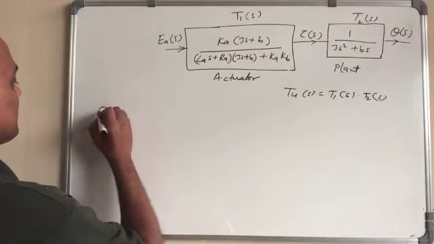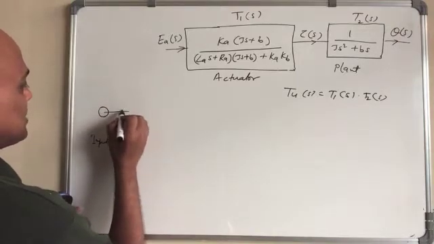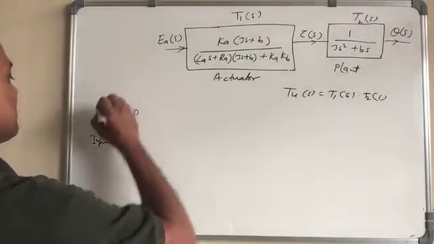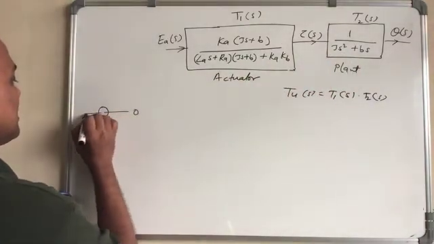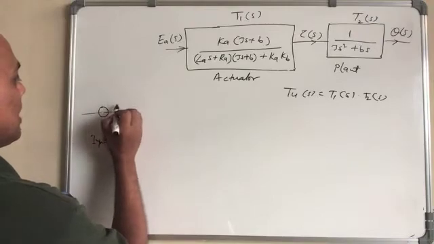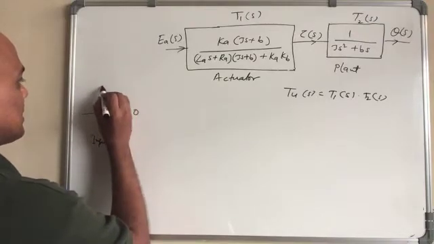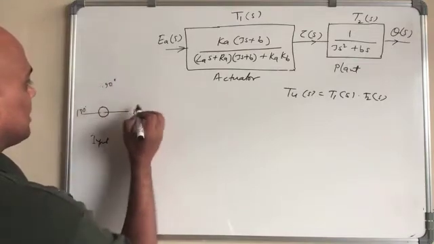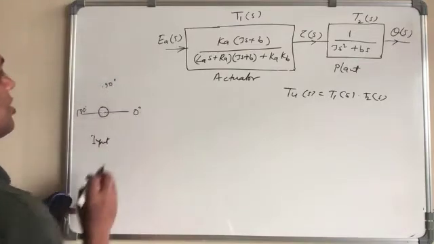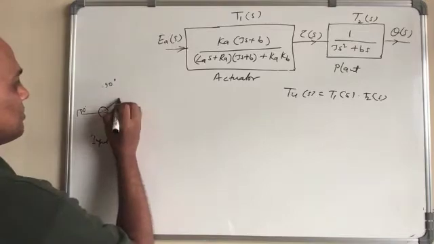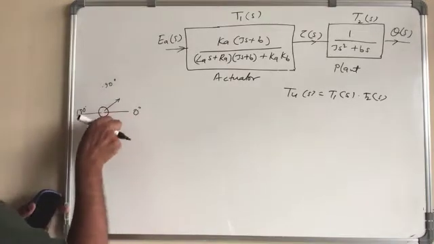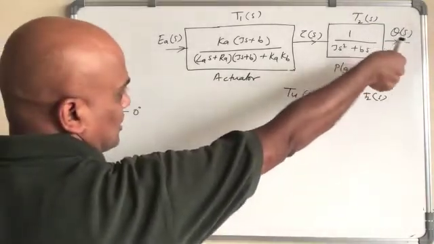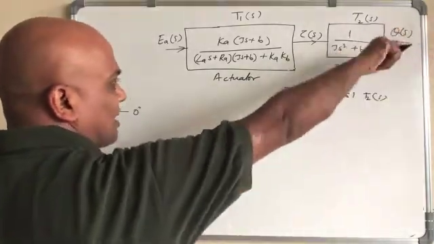Let us say you are starting with 0 angle, and you want to move it to a different angle, say 90 degrees, 180 degrees, and so on. Basically there is a knob here, you are turning it, and you want the motor to move that way.